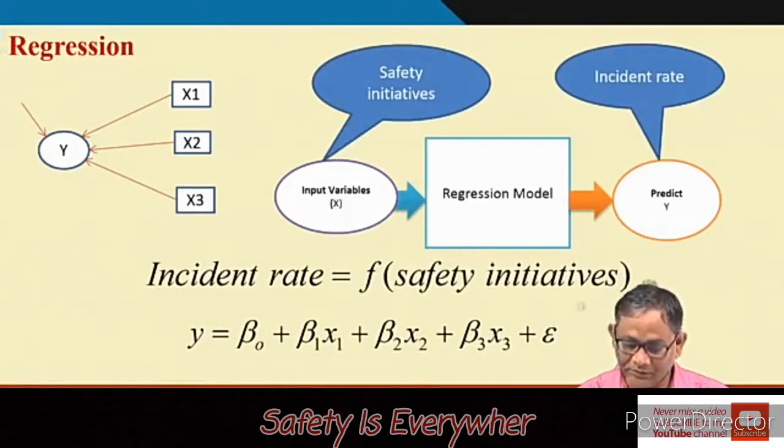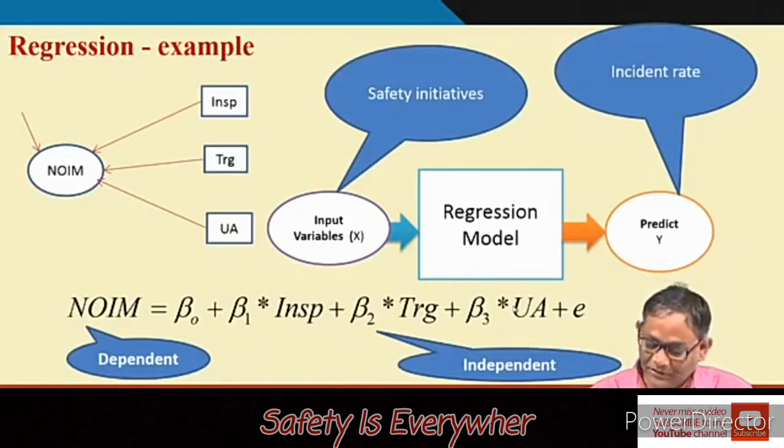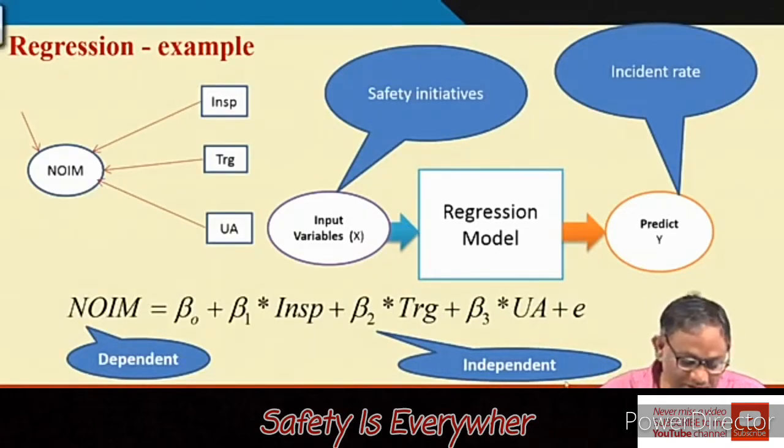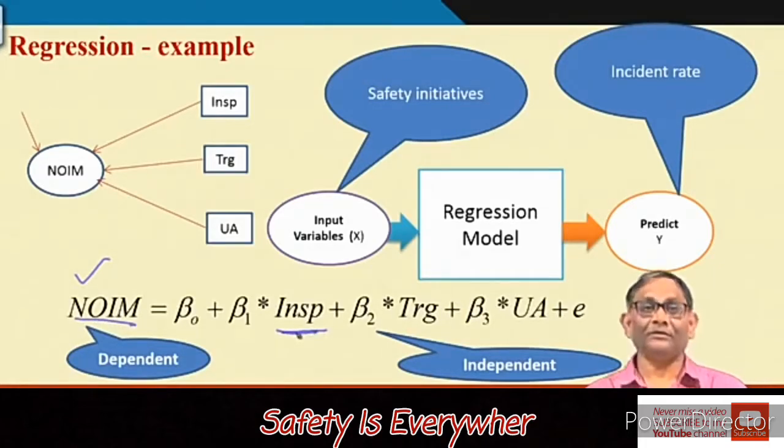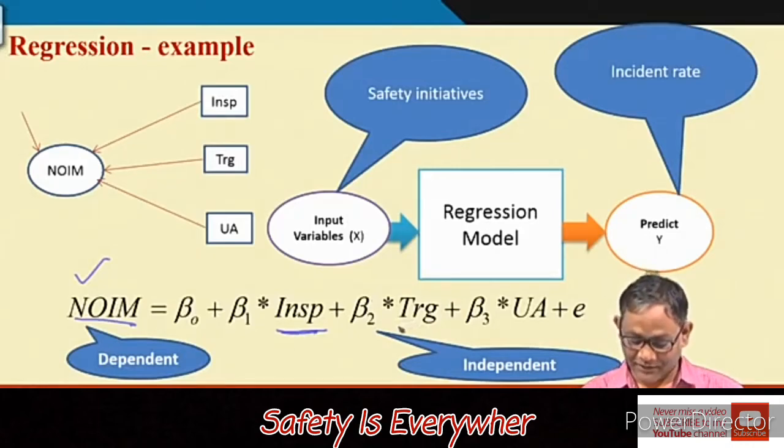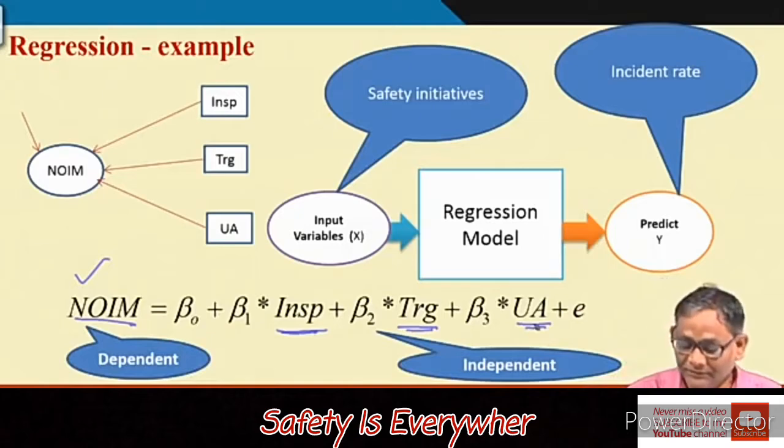Now suppose we are interested to know that the dependent variable is number of injuries per month, number of injuries or incidents per month, and suppose inspection is one independent variable, training is another, and unsafe acts another.